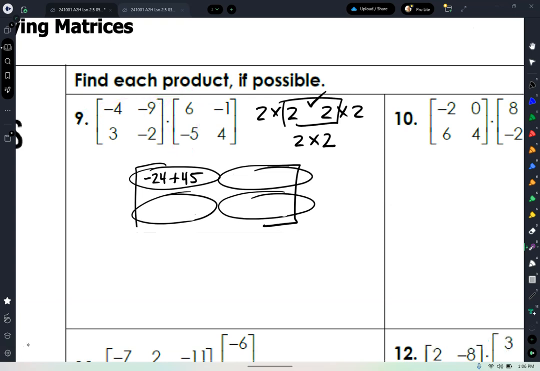It's the first element in the row times the first element in the column, and then the second element in the row times the second element in the column. That's where I get the negative 24, positive 45. And then in my answer, that's where I would add these two together to get my first N11 or A11, or whatever you want to call that element there. Okay? All right, finish it up.